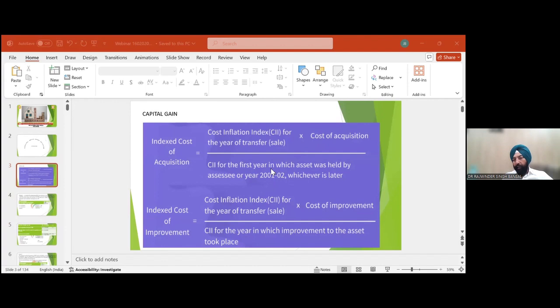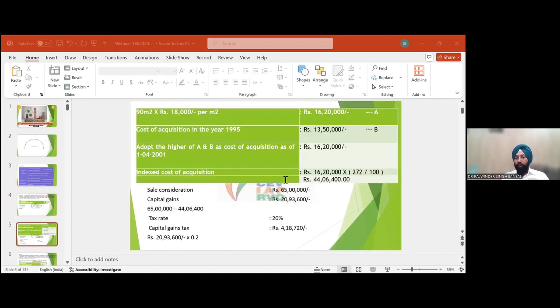Out of 1995 and 2001, 2001 is later, so you take the cost inflation index for 2001-02, which is 100. So it is 272 divided by 100 multiplied by the cost of acquisition, 16 lakh 20,000. So the indexed cost of acquisition comes out to be 44 lakh 6,400.